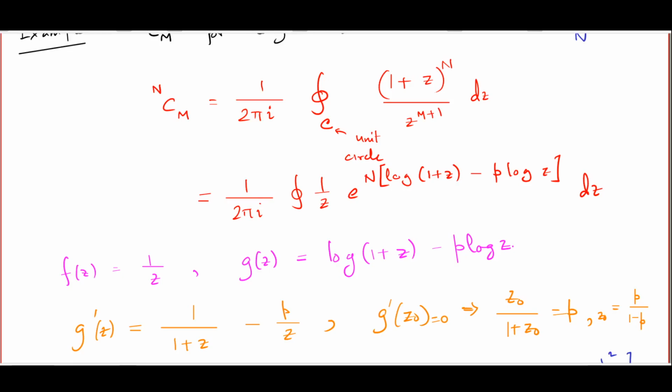Here the large parameter of course is a number capital N. So the small f of z is simply 1 by z in this example, and g of z is log of 1 plus z minus p times log of z.